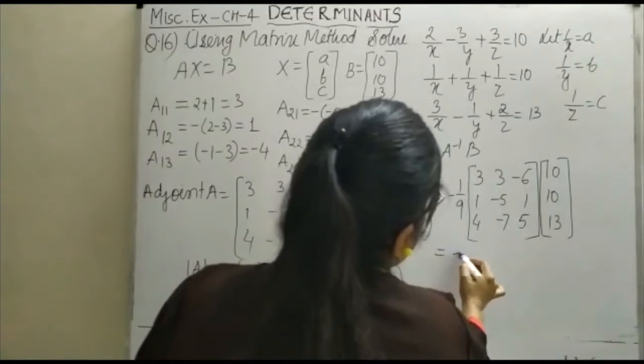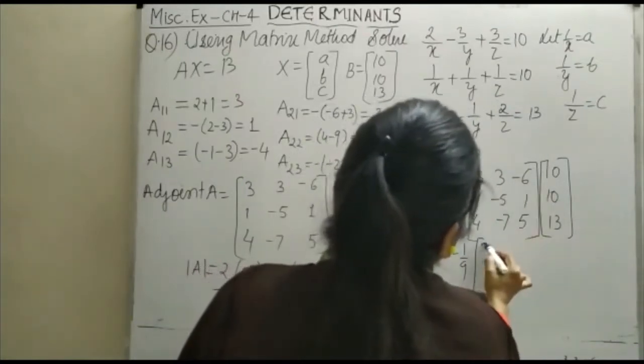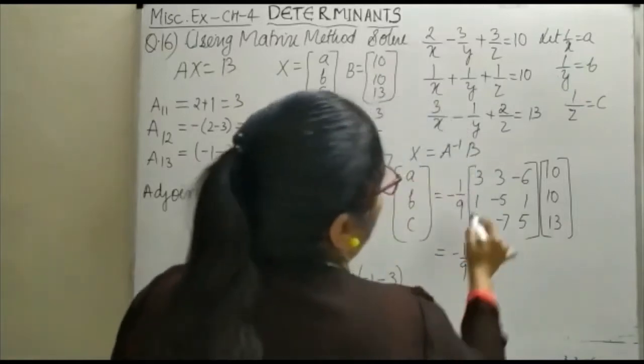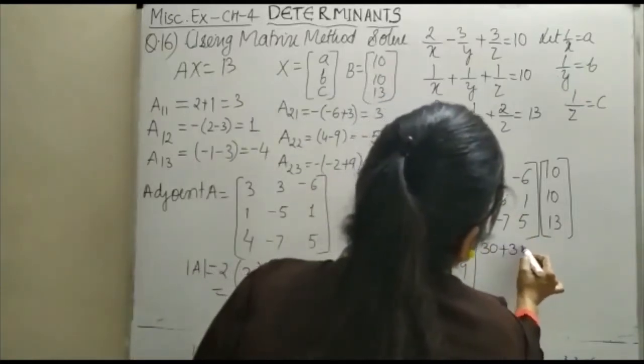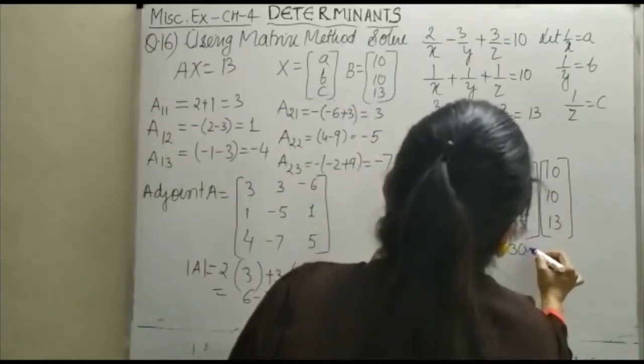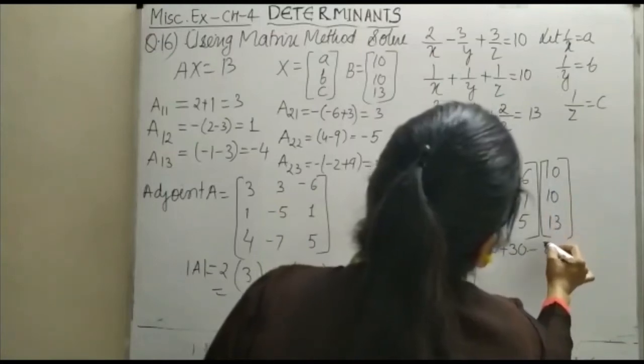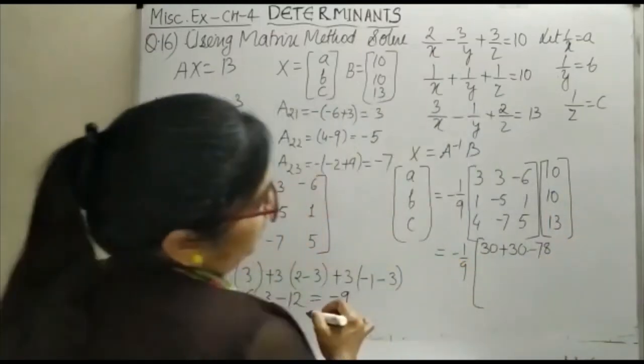Now just see here, minus 1 upon 9 will keep as it is, 3 tens are 30, again 30, minus 6 3s are 18, 8 here, 1 carry, this is 78.